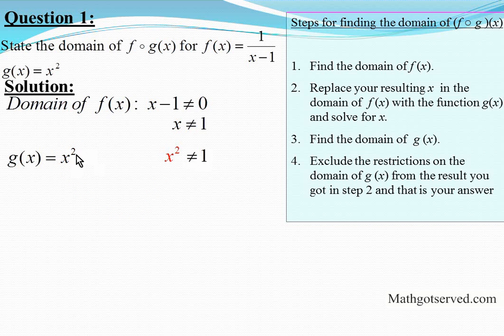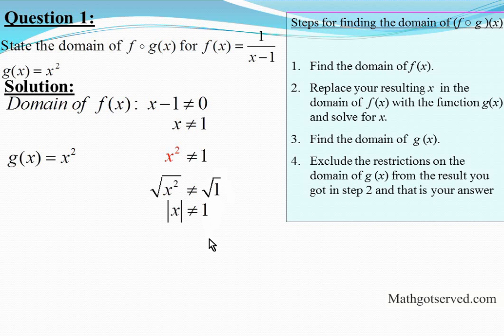So the procedure again is you take g of x, where we have the restriction on x from f of x, you substitute that function into the x, and you have this. If I solve this, that will complete my first part of the domain. To solve this, I'll just take the square root of both sides. On the left side, you end up with absolute value of x cannot be equal to 1, because the square root of 1 is just 1.